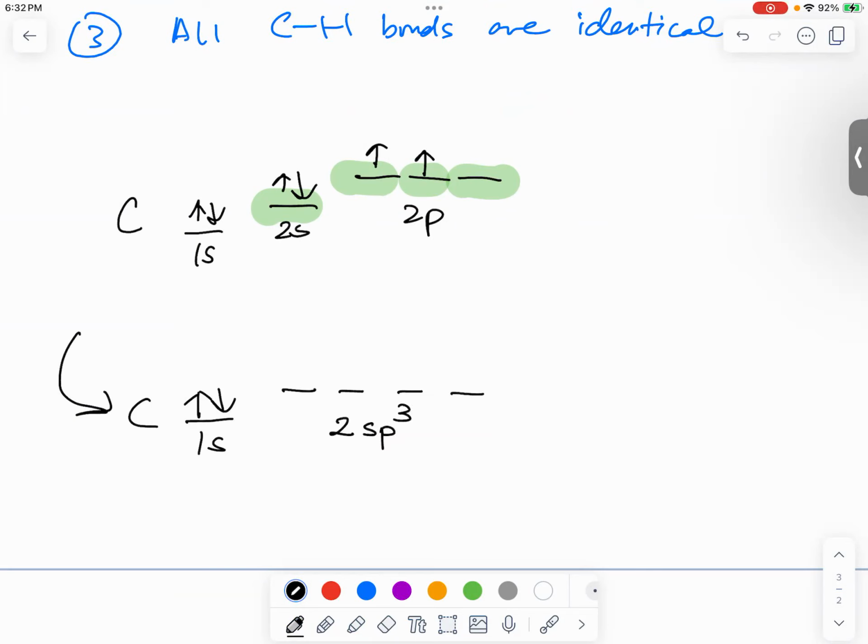2sp3 orbitals. That's how we get the name sp3, because it's the hybridization product of 1 of the s and 3 of the p's. And then after they merge, we just go ahead and use Hund's rule to distribute those 4 valence electrons. 1, 2, 3, 4. Sorry for my 3rd electron. Okay, all right.